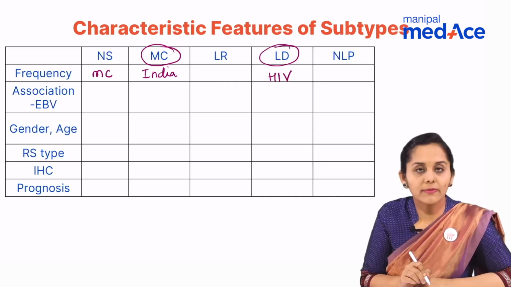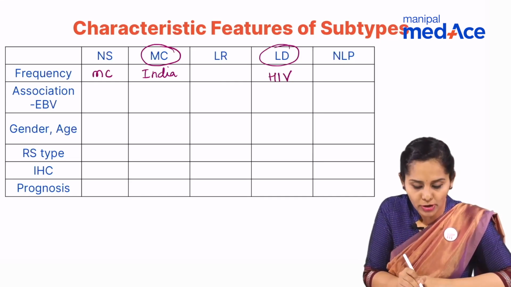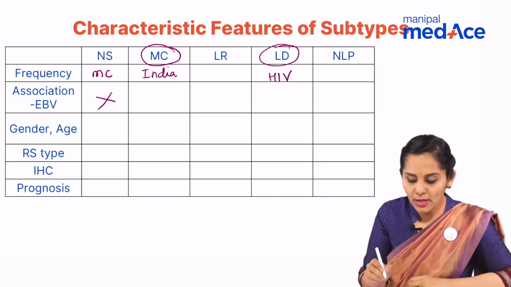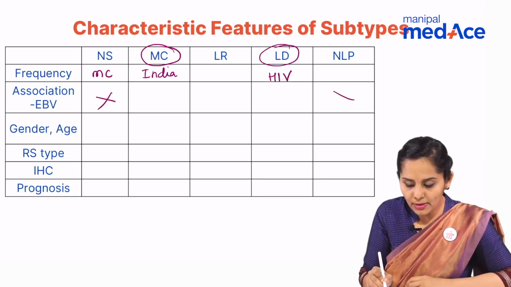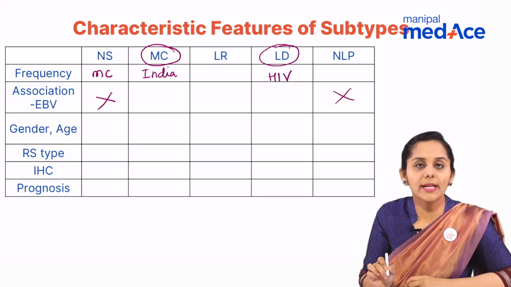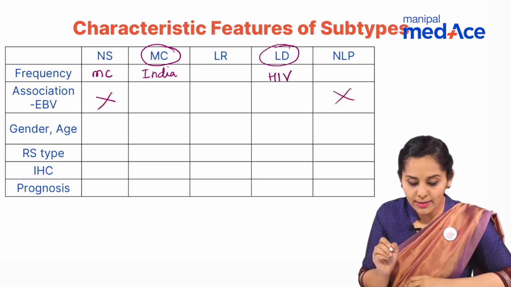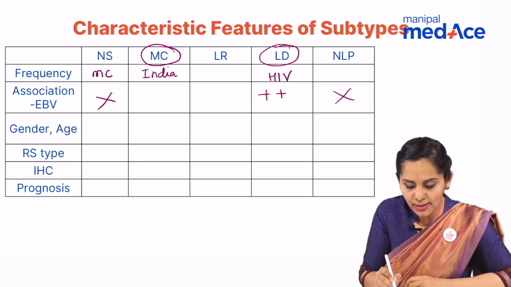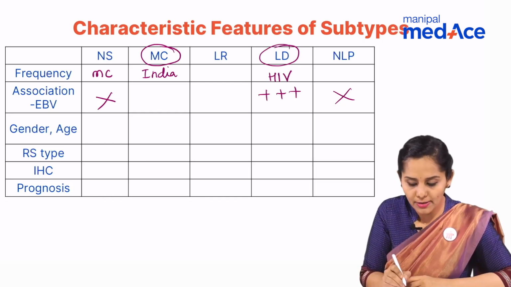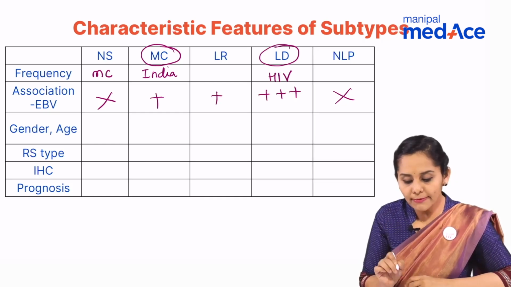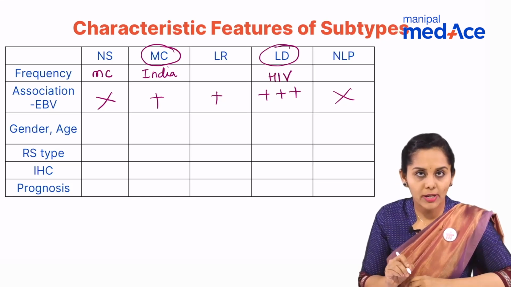The association with EBV, you remember that nodular sclerosis has no association. Nodular lymphocyte predominant also has no association with Epstein-Barr virus infection, whereas the highest association is found in lymphocyte depleted type and to some extent in lymphocyte rich and mixed cellularity type.